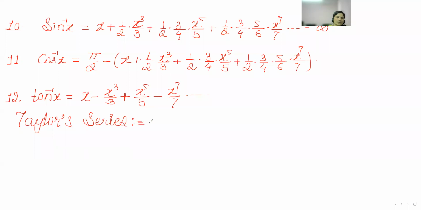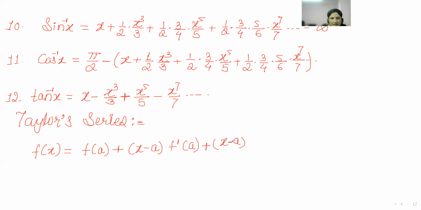In the power of x minus a, f of x is equal to f of a plus x minus a into f dash of a plus x minus a whole square divided by 2 factorial, f double dash of a, plus so on up to infinity.